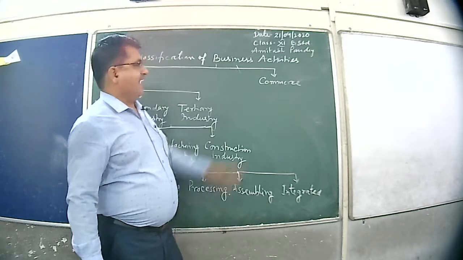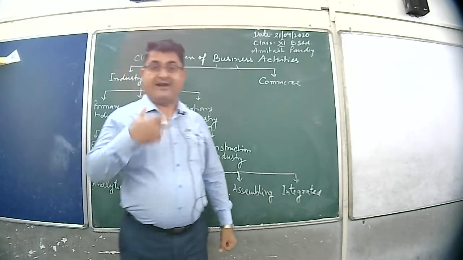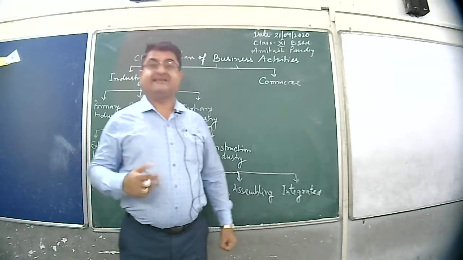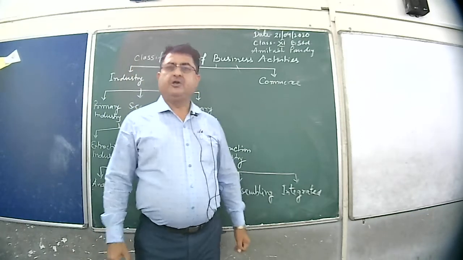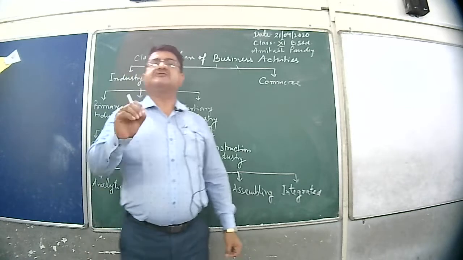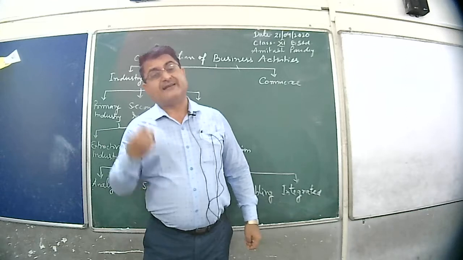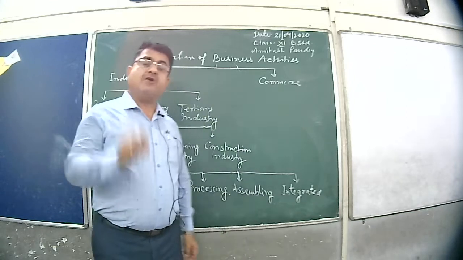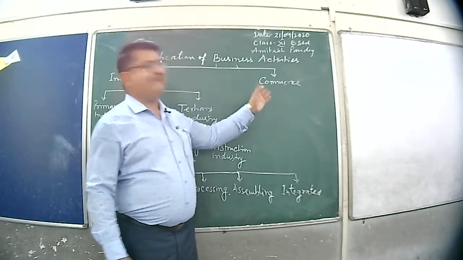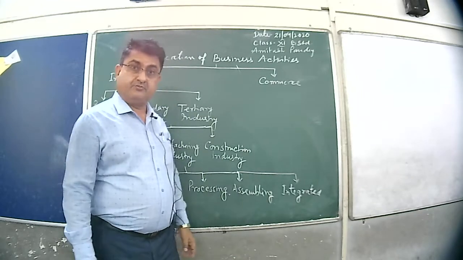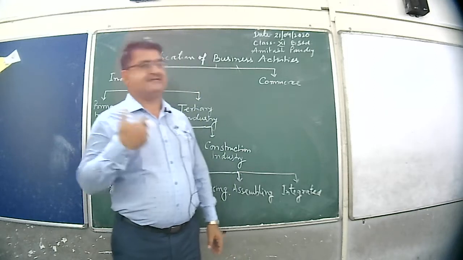However, as far as the word commerce is concerned, it does not relate to the commerce stream which you have opted. What is commerce? Goods are produced by industry. Now, what is the ultimate aim of producing all those goods and services by industry? To have their effective consumption. Who does such effective consumption of goods and services?